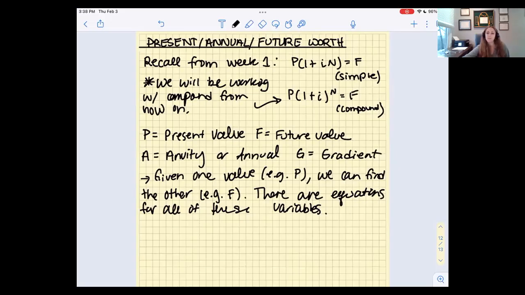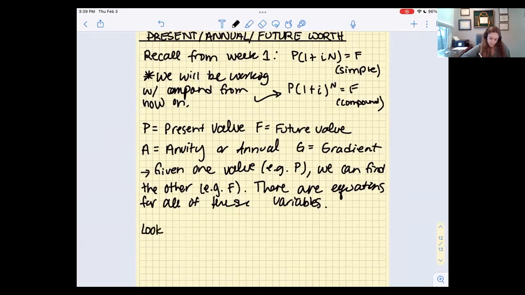So I'm going to show you a different way instead of having to do a bunch of algebra to solve for your unknowns. So we're going to use lookup tables. And like I said, this is in lieu of equations.